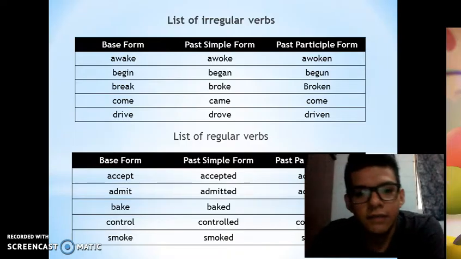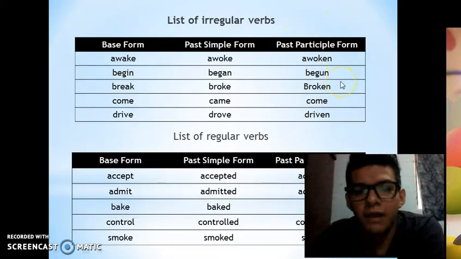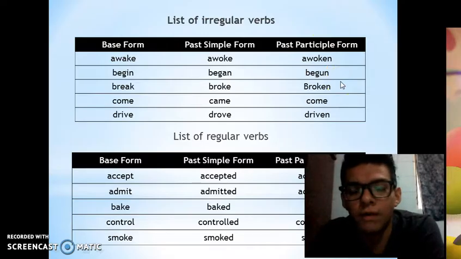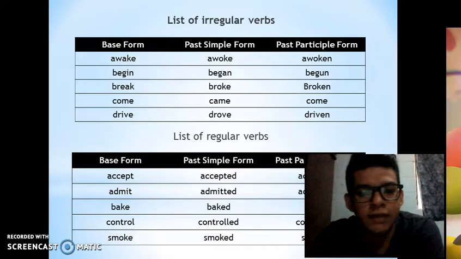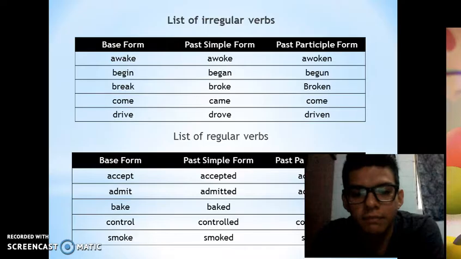So guys, this is the form that we are going to use, the past participle form, because we are going to use past participle adjectives with nouns, as I told you. This is the topic. And we have a list of regular verbs according to the base form, past simple form, and past participle form.